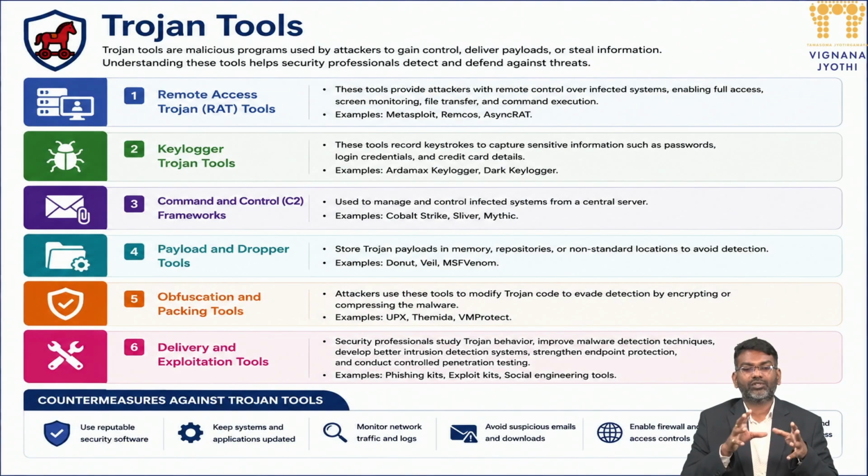Next, packaging or obfuscation tools. Here, the attacker uses these tools to modify the Trojan code. At every instant of time, the attacker will not use the same code.